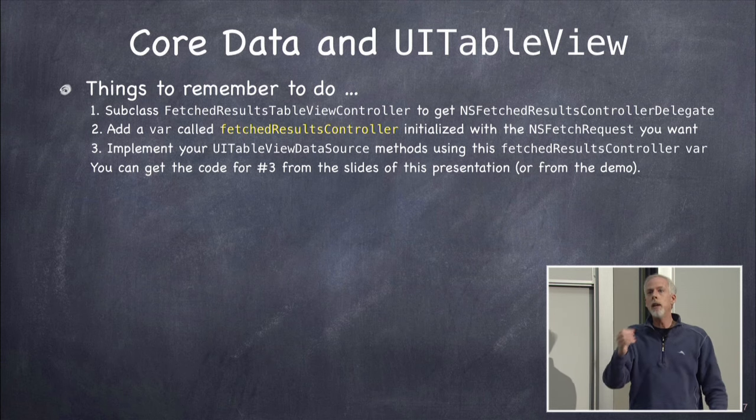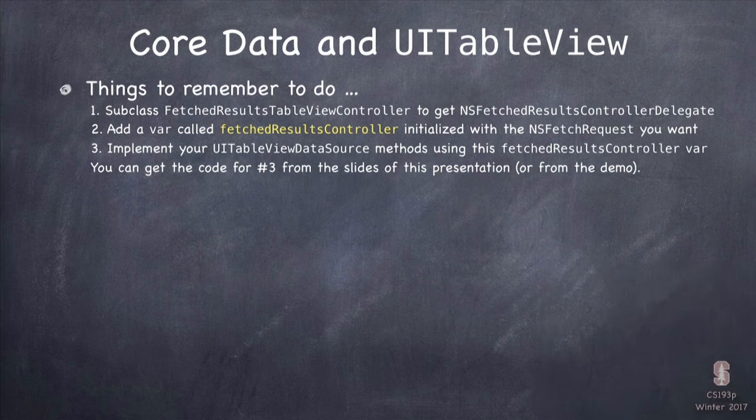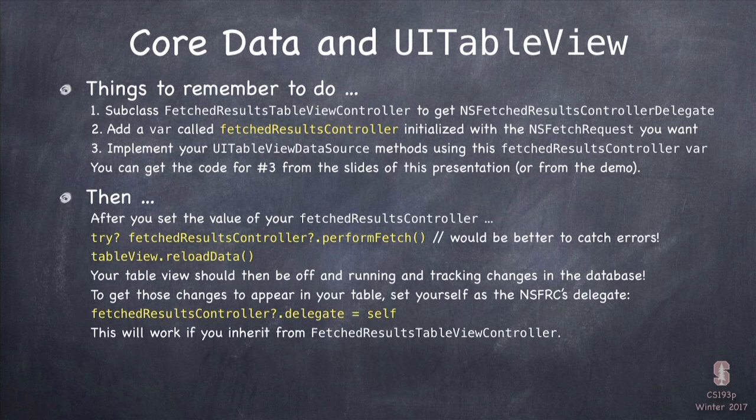All you'll have to do is inside cellForRowAt indexPath, you'll have the object, the tweet, the Twitter user, you just got to load up your UI. After you have all this set up, then you can proceed to using the fetchedResultsController in your TableViewController. First thing you have to do is performFetch on the fetchedResultsController. That will cause it to go out and do your NSFetchRequest basically.